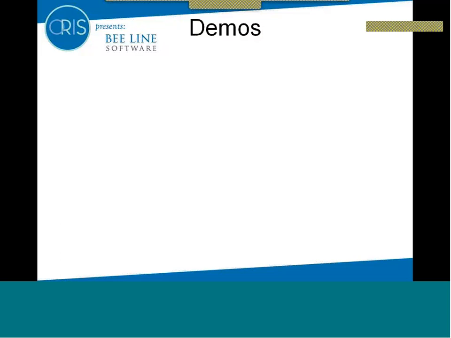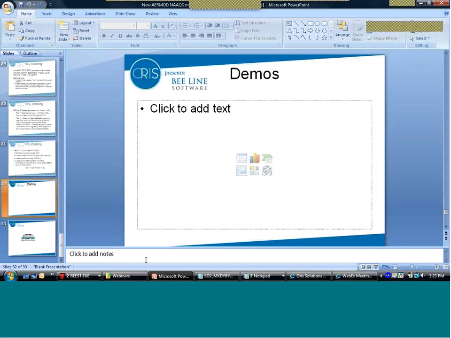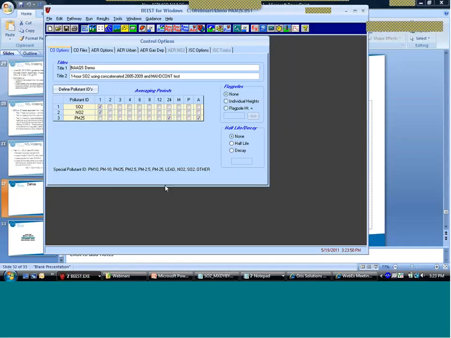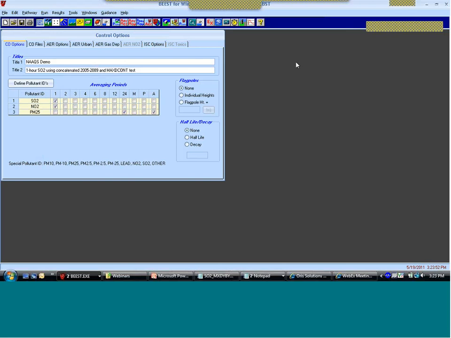So let me pop out of this and show you a little more of what these demos are like. This is an example of part of a run that I did yesterday.